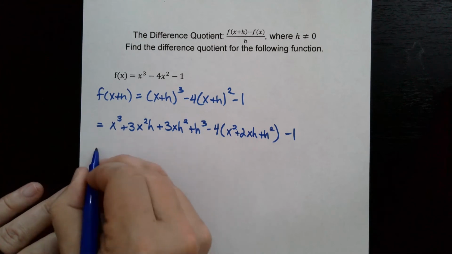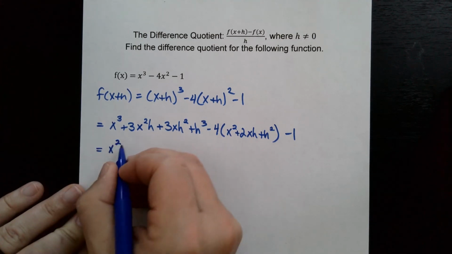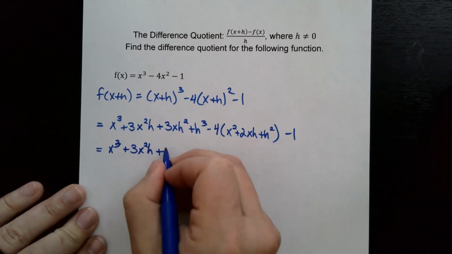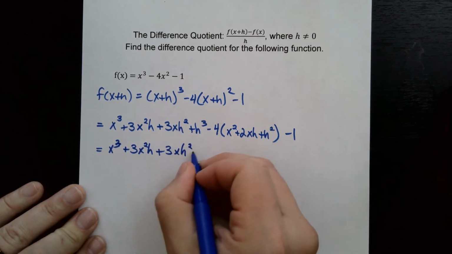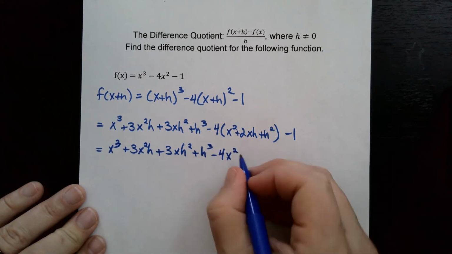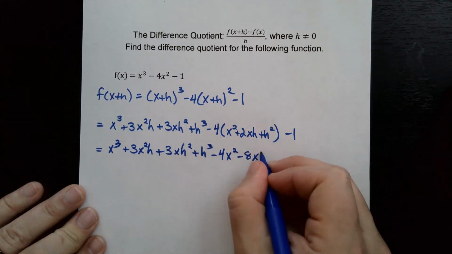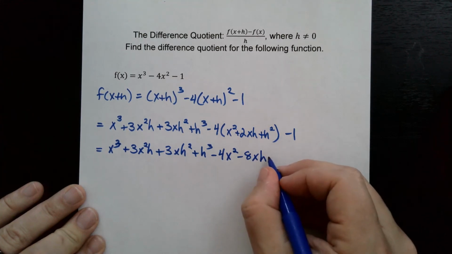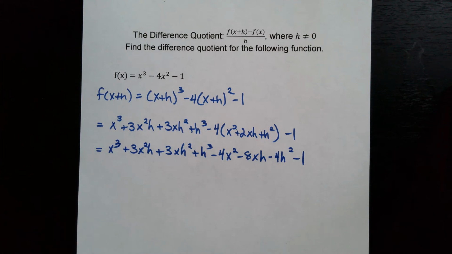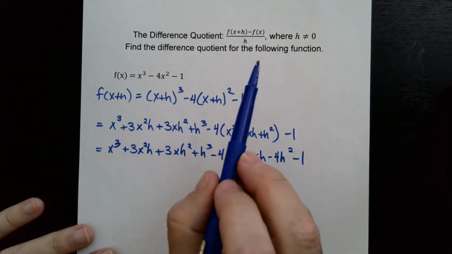So that will give me x cubed plus 3x squared h plus 3x h squared plus h cubed minus 4x squared minus 8xh minus 4h squared minus 1. Doesn't appear we have any like terms.